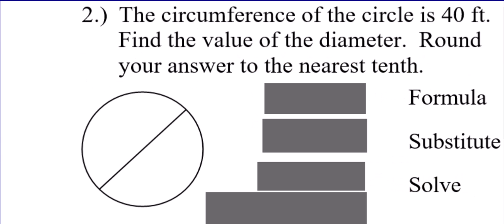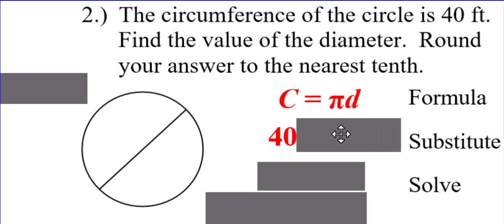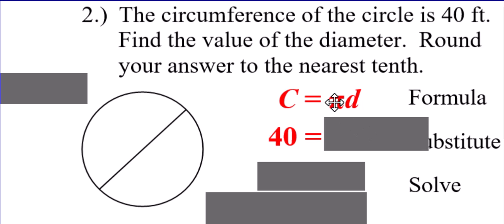Let's do it. Pencils ready. Formula, substitute, solve. The formula is C equals pi times diameter. We're going to use that one because we're given circumference and we have to find diameter. Let's substitute. We know the circumference is 40. So the C can be replaced with 40, equals pi, still pi, times diameter.